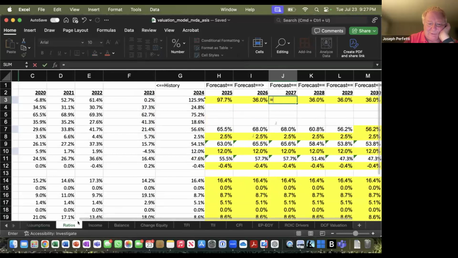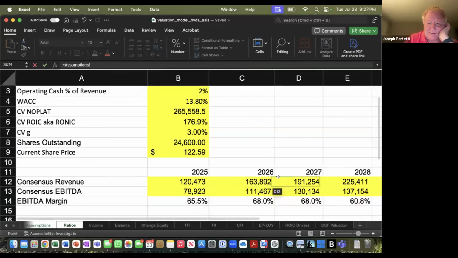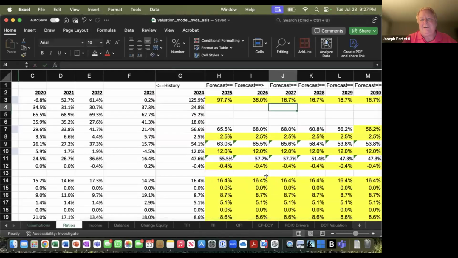2027 equals 27 revenue minus 26 revenue divided by 26 revenue. Basically, they're going to grow 16.7% in 27.